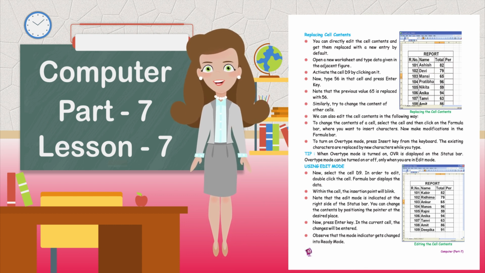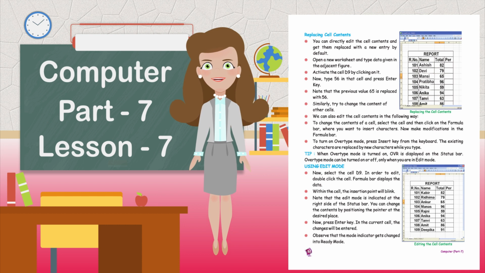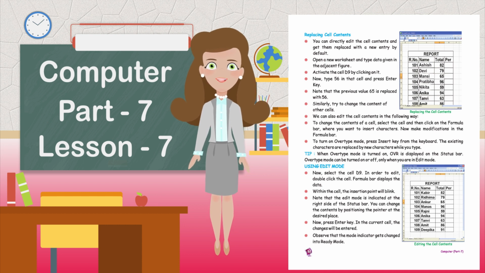We can also edit the cell contents in the following way. To change the contents of a cell, select the cell and then click on the formula bar where you want to insert characters. Now, make modifications in the formula bar. To turn on overtype mode, press the Insert key on the keyboard.